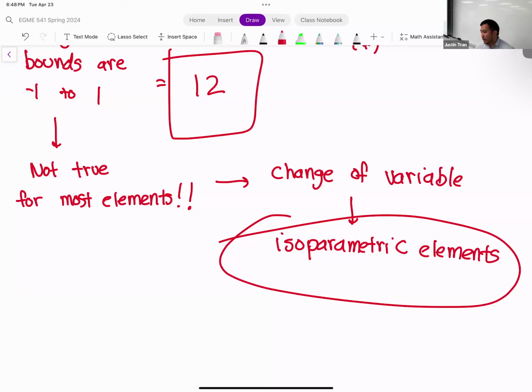Oh, finite volume. Okay. For finite volume, we also have to integrate it. I don't remember exactly, it's been a while since I taught 417. But in 417, I think we use some form of Gauss quadrature to evaluate our integral, or some kind of numerical integration technique.